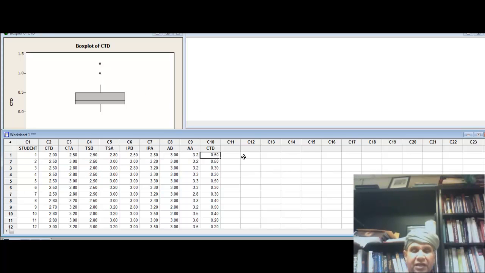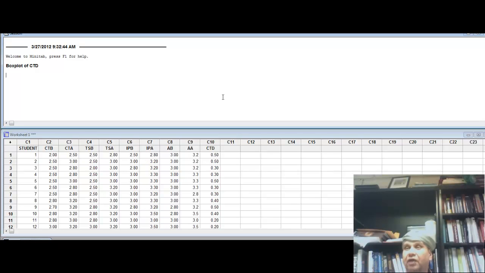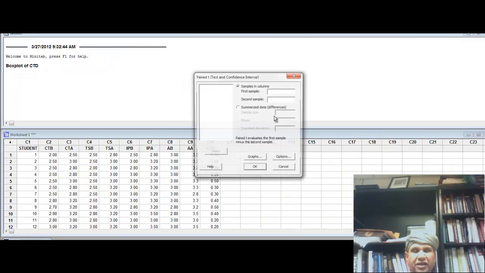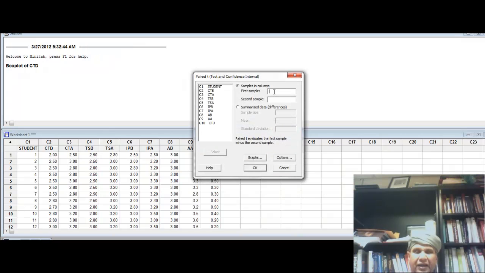But taking that we have 45 subjects in our data, let's run a paired t-test. Since it's going to take the first sample minus the second sample, why don't we put the after in the first and before in the second?